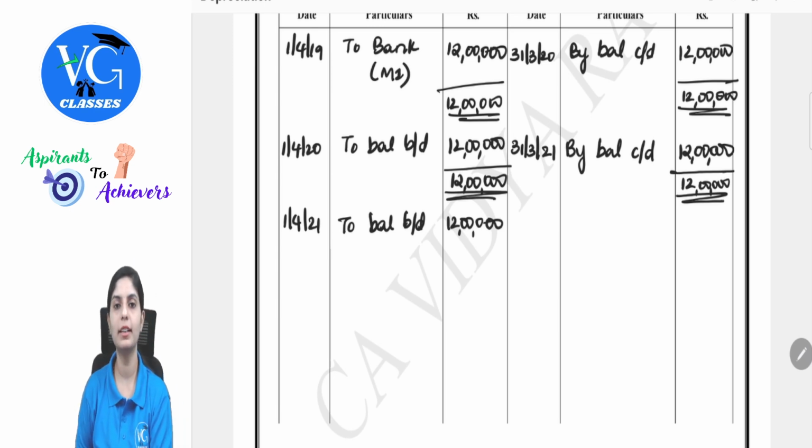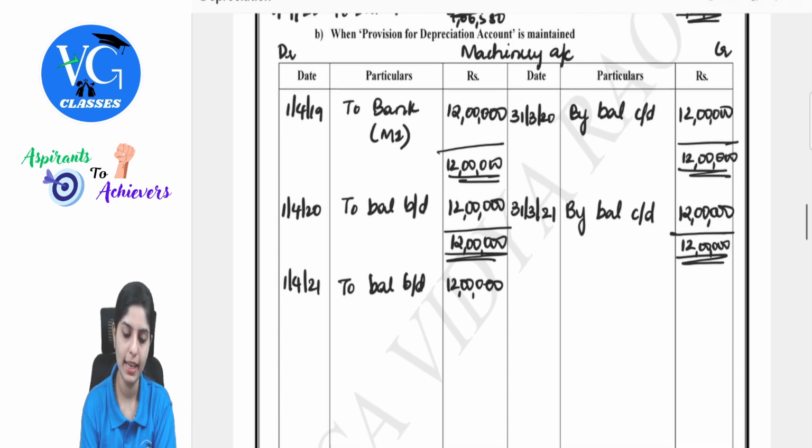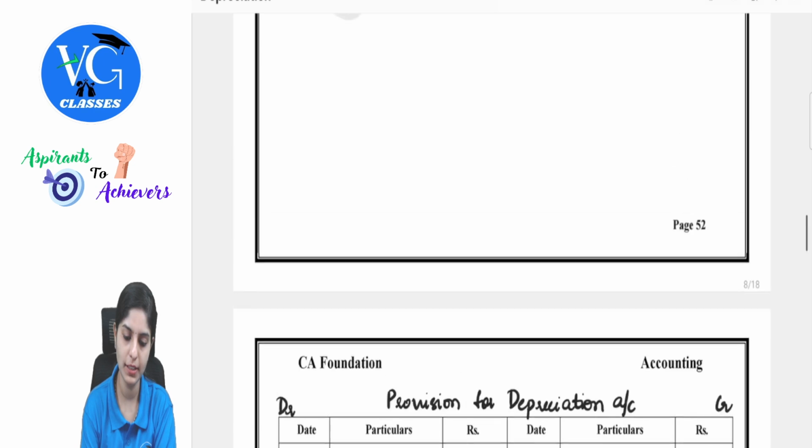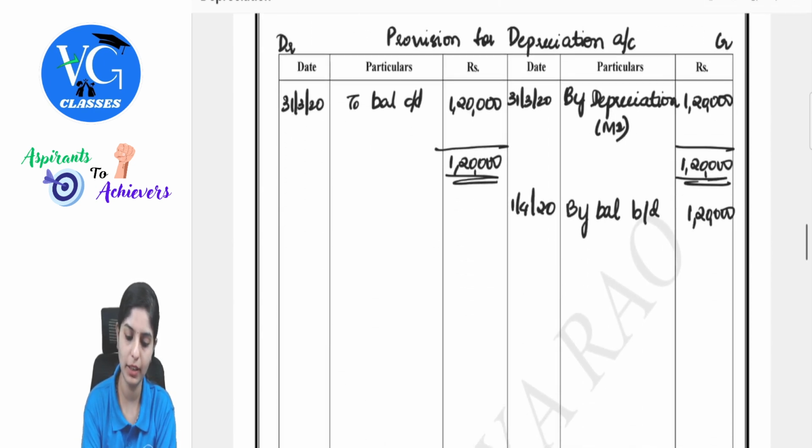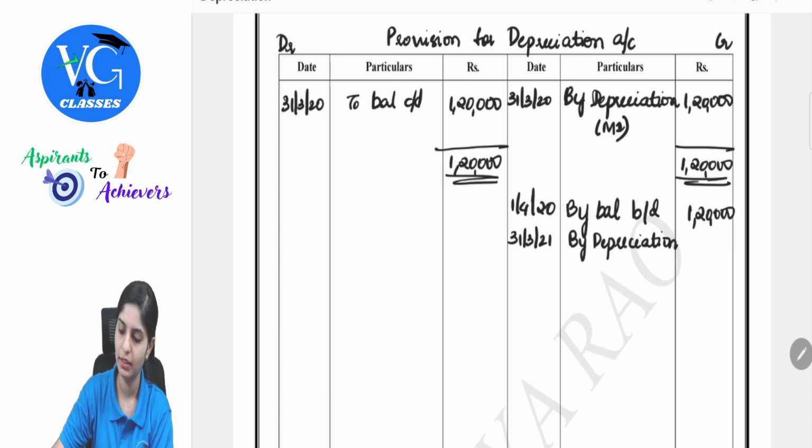In this particular year, in the month of October, there is a sale. So in this case, first, for 1st April 2020, we have brought down the balance of 1,20,000. That year's depreciation needs to be recorded. By depreciation, now the asset was worth 12 lakh minus 1 lakh 20 already taken.